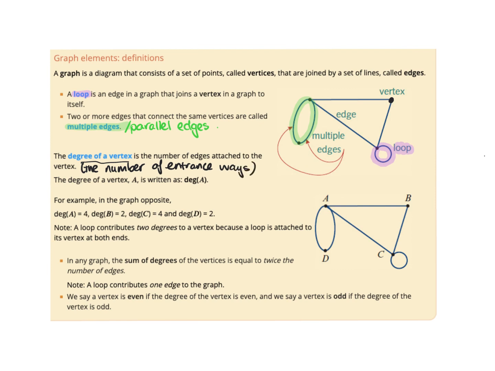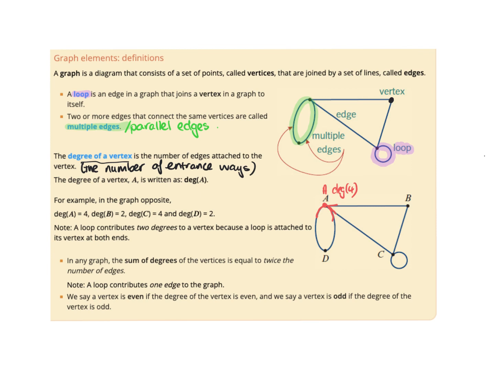Have a look, for example, at this one down here. See how A has one entryway, two, three, and four. So it has a degree of 4 because there are four ways into it.